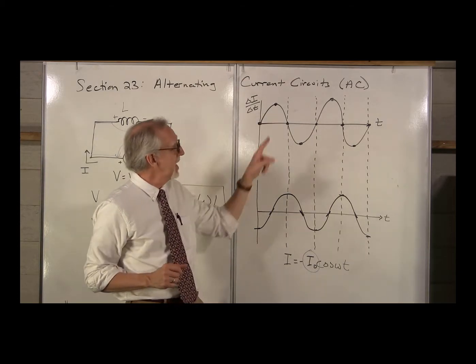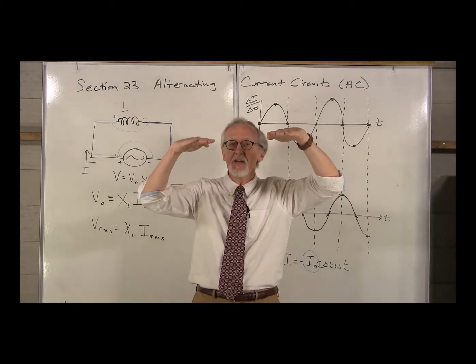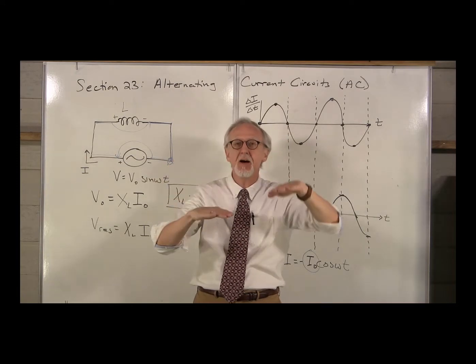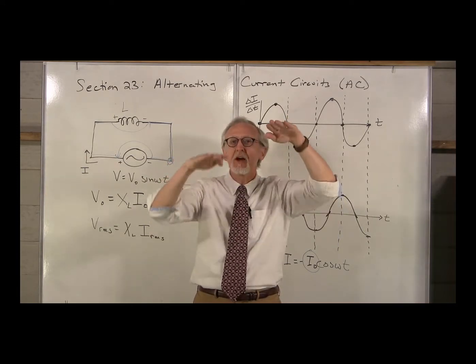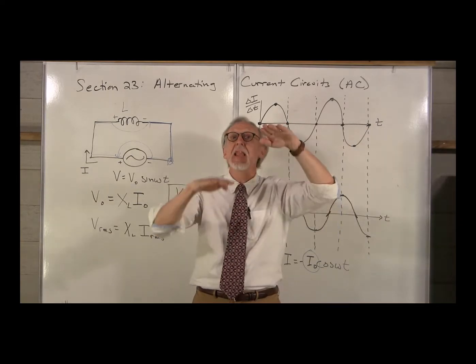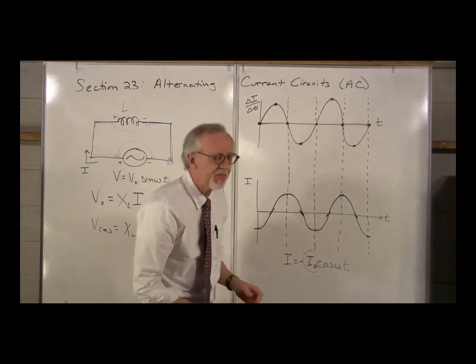So if the voltage is up here, the current in the inductor is behind the voltage, and it lags behind the voltage. Remember, the current in the capacitor led the voltage, but the current in the inductor lags, or is behind, the voltage. Again, by how much in this case?